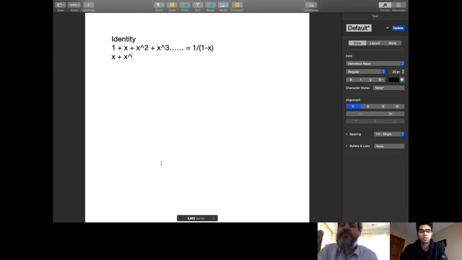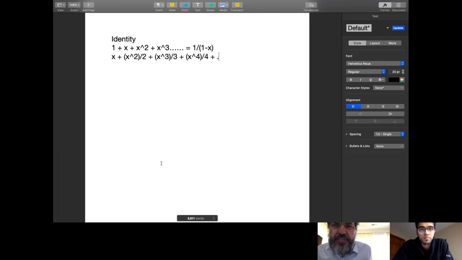A function whose derivative is x is x squared divided by 2. Whose derivative is x squared? It's x cubed divided by 3, plus one more term: x to the 4 over 4, plus dot, dot, dot. Let's write equal.